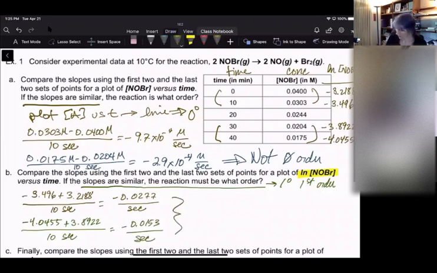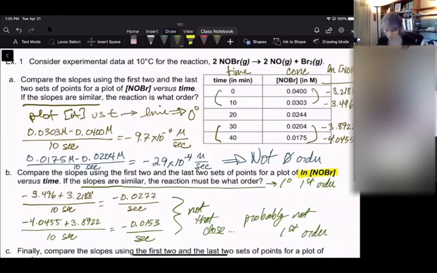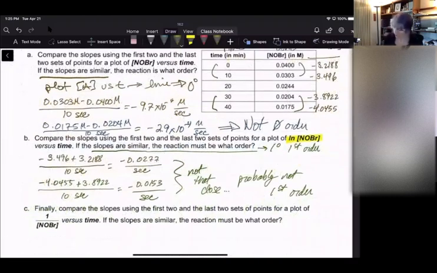All right, so these seem like they're not that close. So it's probably not the first order reaction. All right, the next one, we want to find out if it's second order. So if this one is linear, then it would be second order.